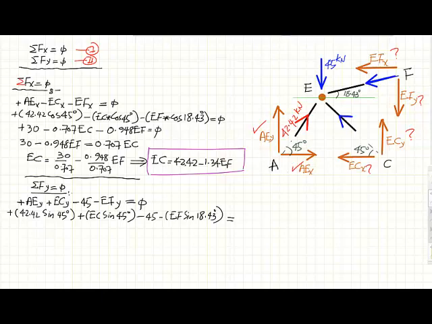So 42 sine 45 is equal to, that is plus 30, and this is plus sine 45 again is equal to 0.707, that is EC, minus 45, and minus sine 18 is equal to 0.316, that is EF is equal to 0.